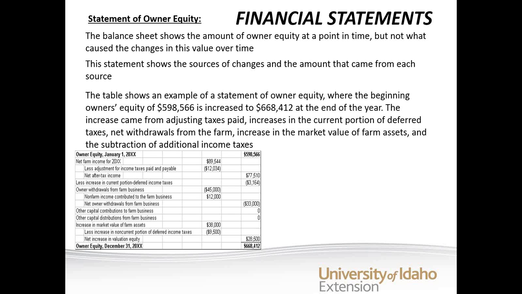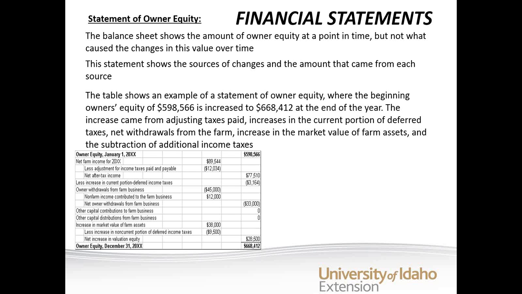In this particular example, we start with net farm income, and then there's an increase in deferred income taxes, and then owner equity. We started with owner equity on, say, 2013, January 1.